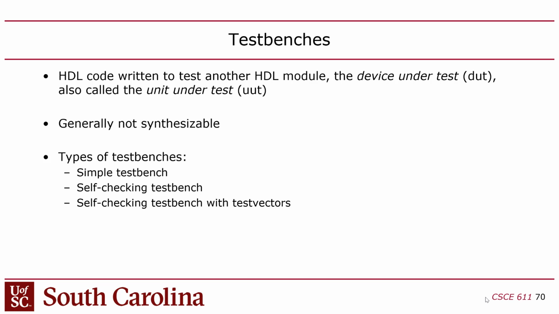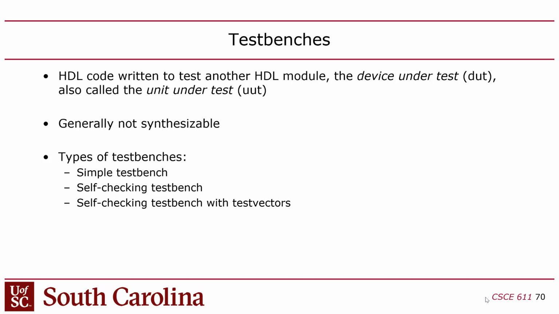The design that you're testing is called the DUT, the design under test. The other design that's testing the DUT is the testbench. Normally the DUT sits inside of the testbench module. There are obviously different ways to do it, but in my experience the testbench is usually a module that has no inputs and outputs, and it contains the design under test.